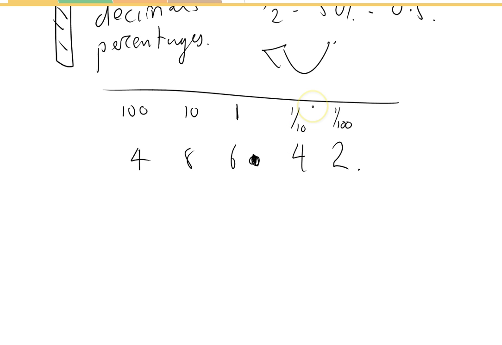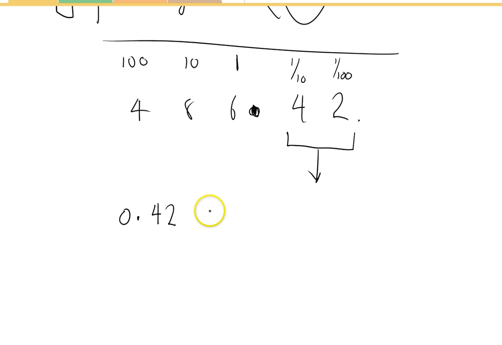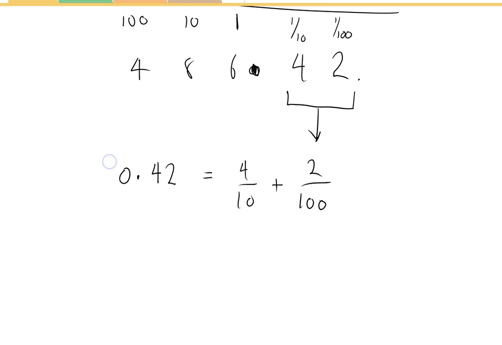4/10 and 2/10. Let's take that number 0.42, just the decimal part of this big number here, and I'll just write out what it means. Well, that's 4/10 plus 2/100, and I can rewrite that as 40/100. You see, all I've done is add a 0 to the top and the bottom.